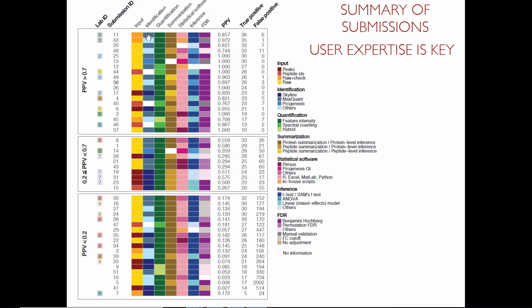Now here we said, okay, what do you use for identification: Skyline, MaxQuant, Progenesis, and so on? What do you use for quantification: feature intensity, spectral counting, and so on? What do you use for summarization at the protein level, peptide level? What do you do for statistics? So there is Perseus, Excel, R, whatever you use.